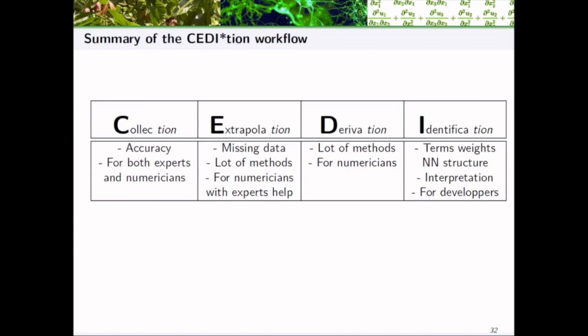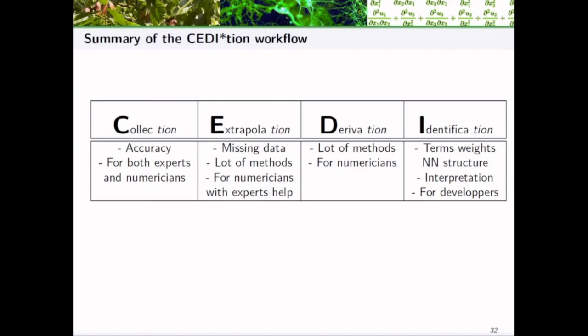Third, the derivation consists in computing derivatives of different operators from the extrapolated data. Many methods are available, and it's the numerician's task to make the right choices. And fourth, the identification computes the weights of the terms of the PDE. It uses a perceptron.